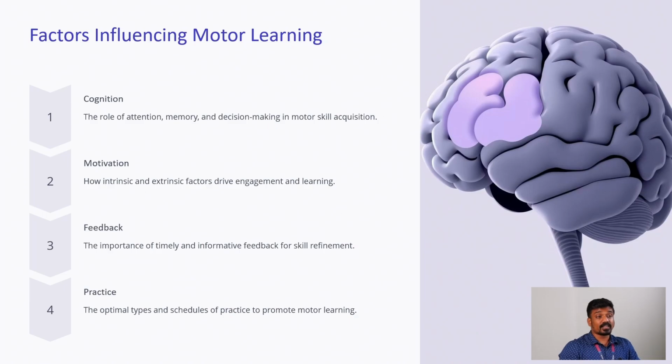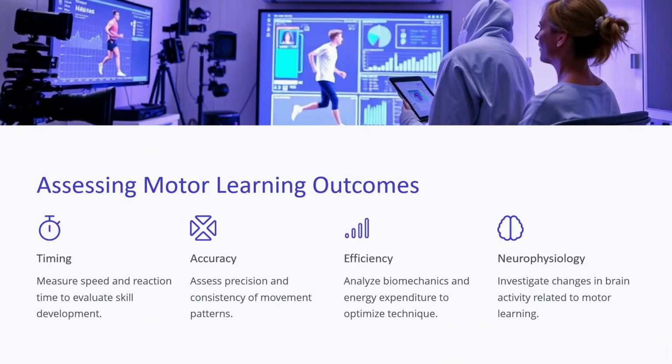The quality of practice, I would say, including deliberate practice that targets specific weaknesses, is just as important as the amount of practice itself. So these factors, cognition, motivation, feedback, and practice, all work together to influence how well an individual learns and masters motor skills.